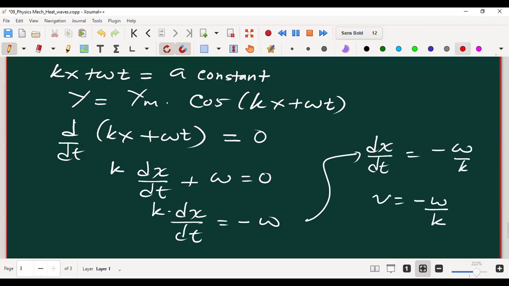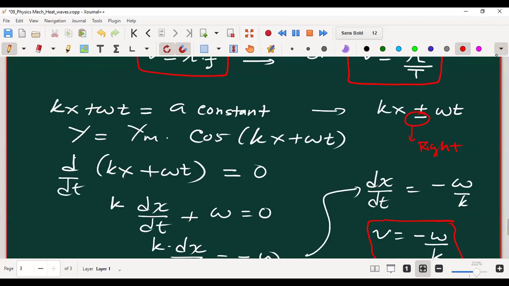We can see that when the sign here is positive, the direction is to the left. So this one is kx plus or minus omega t. If minus, this is to the right, but if positive, it is to the left side.